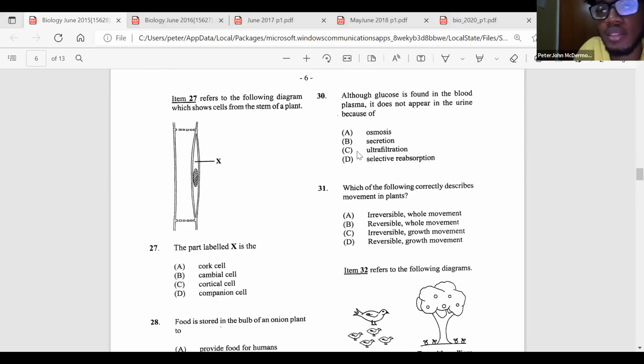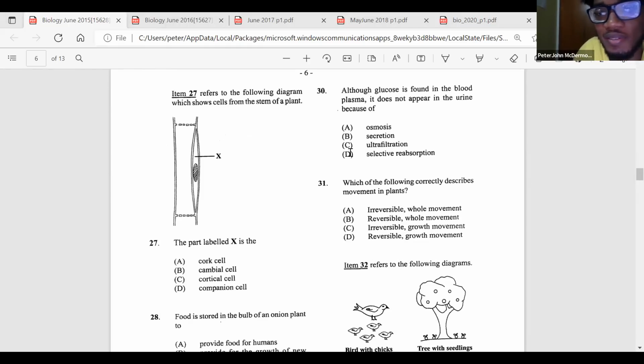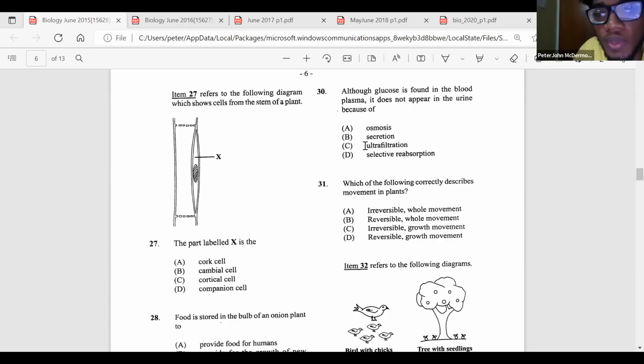All right, so for 30, guys, remember I'm not really a plant guy, so for plants, you might have to help me out. So ultrafiltration, all right, so let's think about it. Actually, we don't really have to think about it.